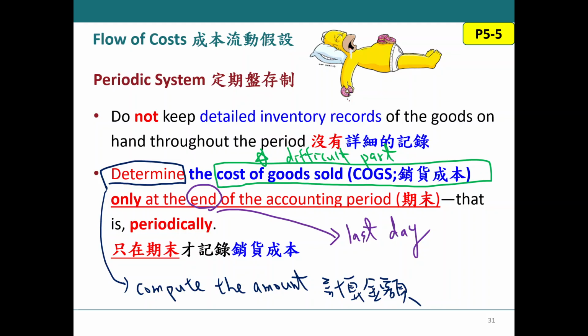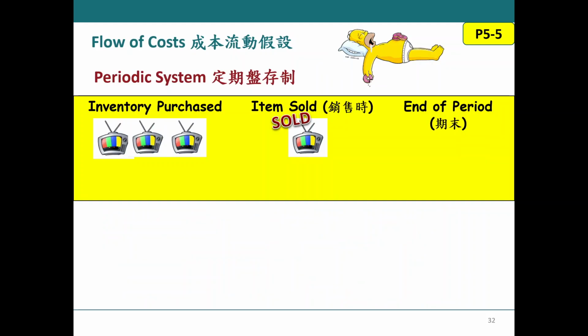Okay? So let's see also the same. When you buy the inventory, when you sell the inventory, what kind of things is the lazy guy, periodic 定期盘存制, going to do, okay? So when we buy the inventory, there's an easy job. So no problem. Oh, it's not that difficult. I can do that. So when we buy the inventory, periodic still will record the inventory.